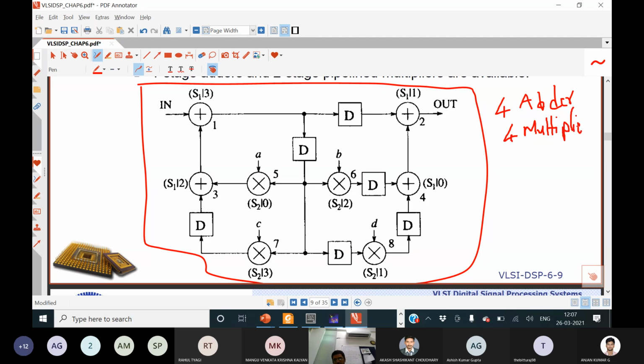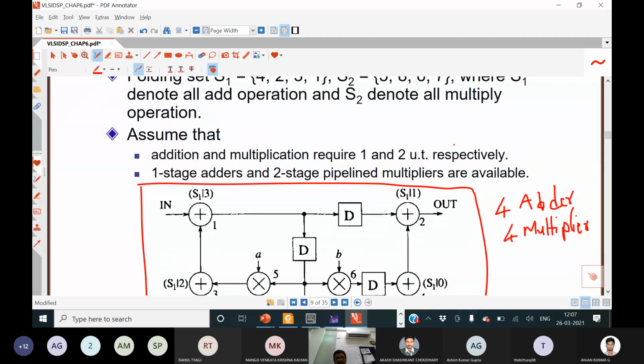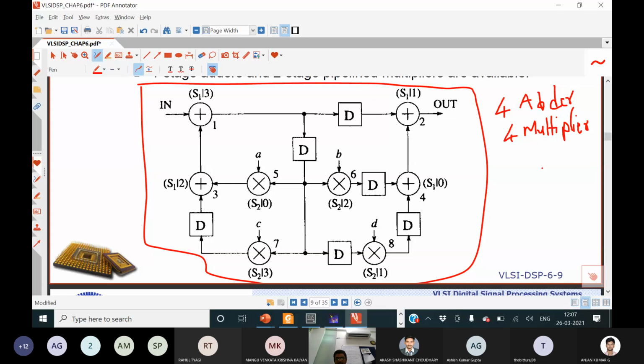Now if we want to apply folding, and I would like to do it with 1 adder and 1 multiplier, then to achieve this functionality we need to fold it 4 number of times.